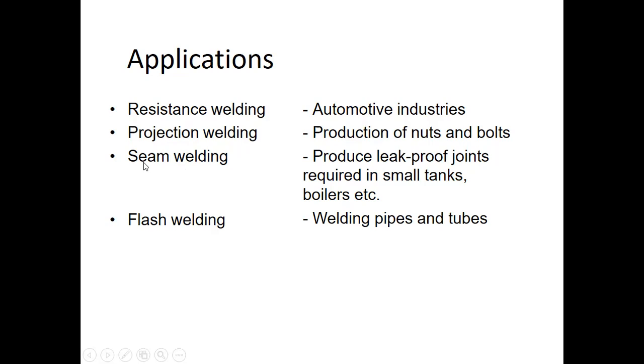Seam welding produces leak-proof joints, required in small tanks, boilers, etc. If you have observed a pressure vessel, you will see that continuous weld line, which is done through seam welding. Flash welding is used for welding pipes and tubes, as we have discussed.